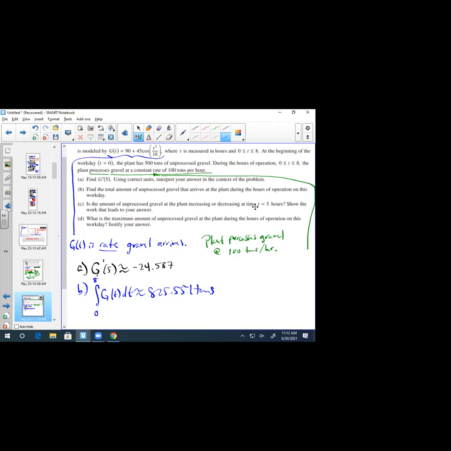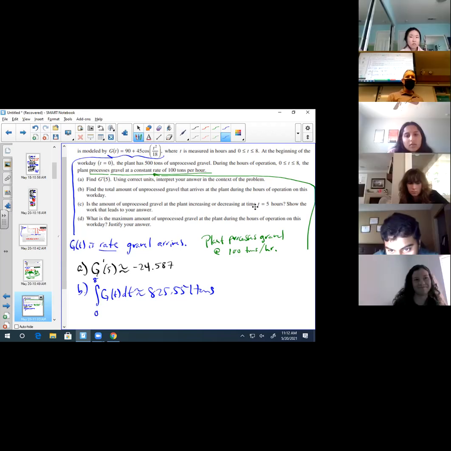So some would say if G of t minus 100 is positive, because what is G of t minus 100, people? You guys at home want to try to take a stab at that? What does G of t minus 100 represent?